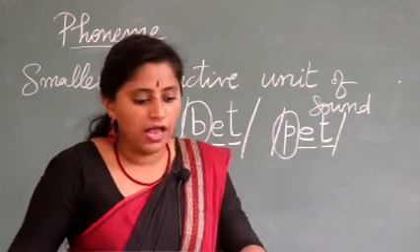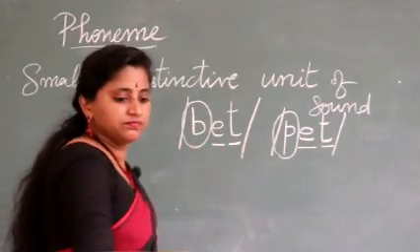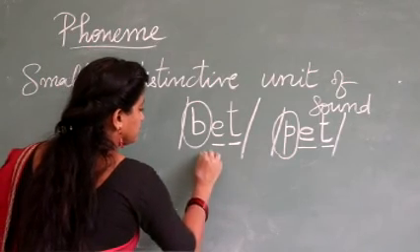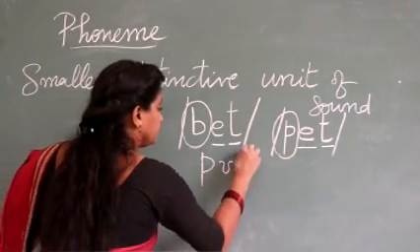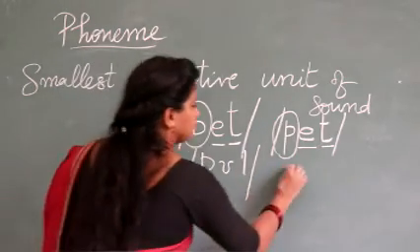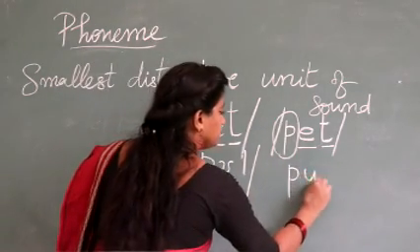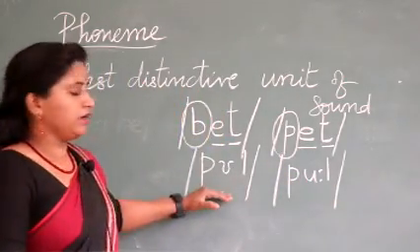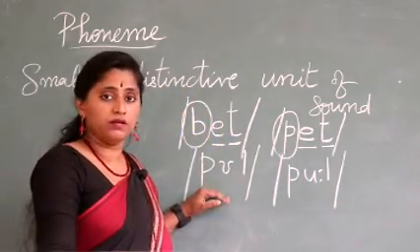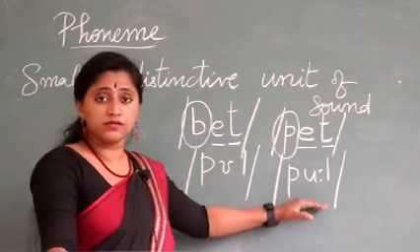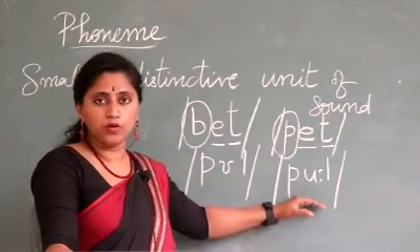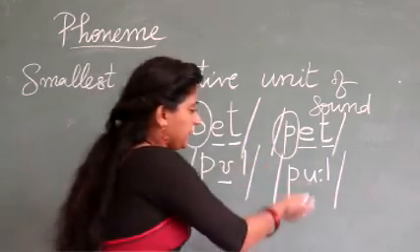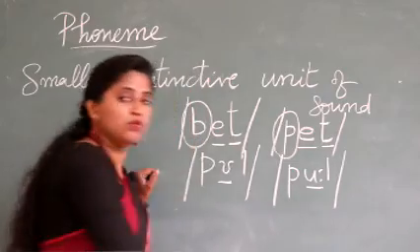Or consider another example. Here it is pull, and here it is pool. Here it is short vowel oo, which is replaced by its long vowel oo.